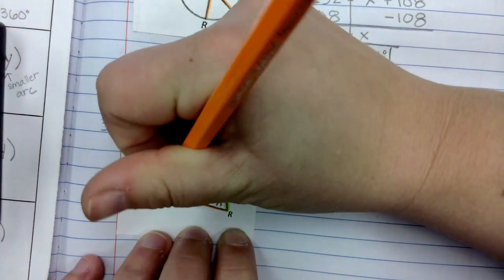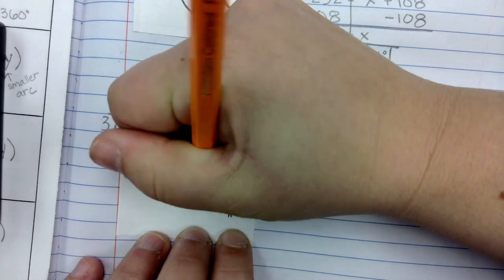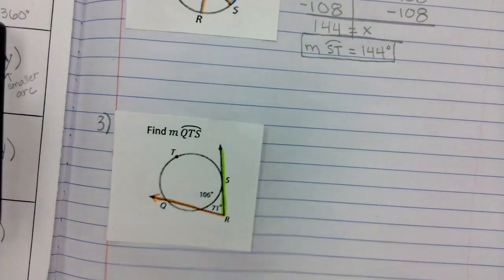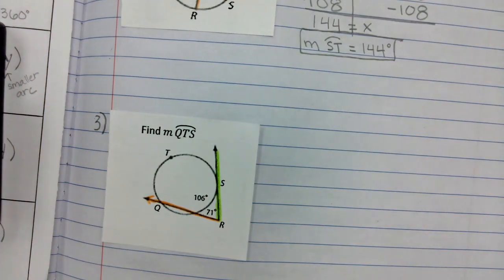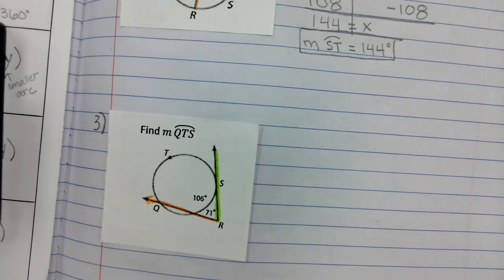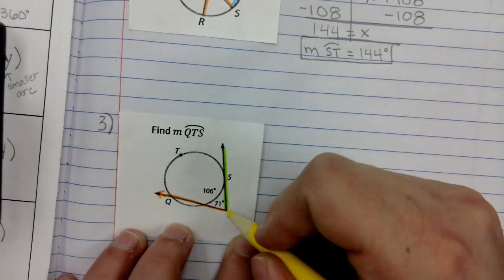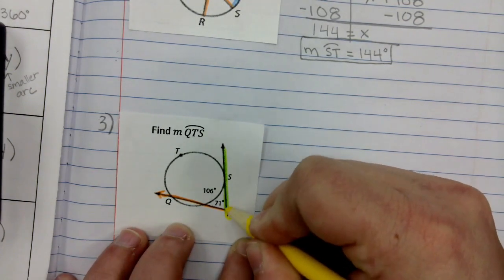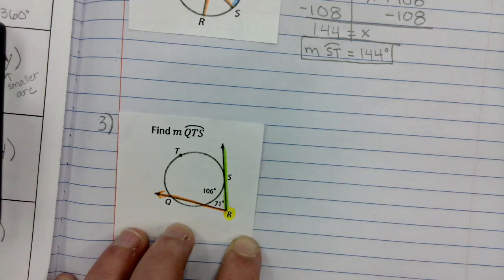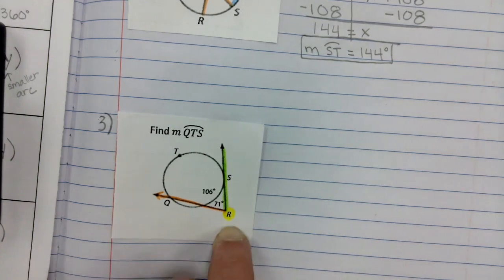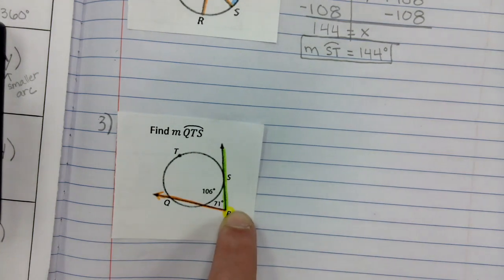After we identify what type of lines we're given, we then have to look at where they intersect. Do they intersect inside the circle, on the circle, or outside the circle? Outside. At point R is where they intersect. Would it be possible for a tangent to intersect inside a circle? No, because if a tangent was going inside the circle, it would have to touch the circle 2 times.